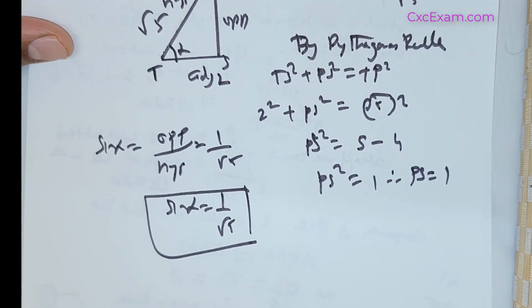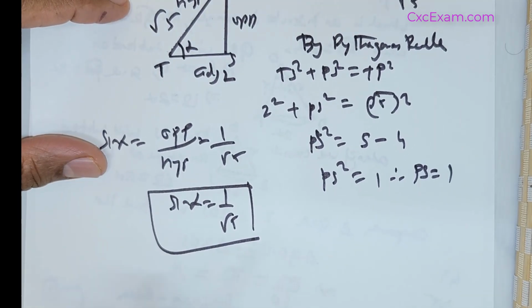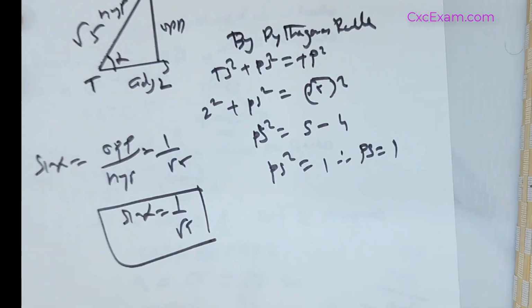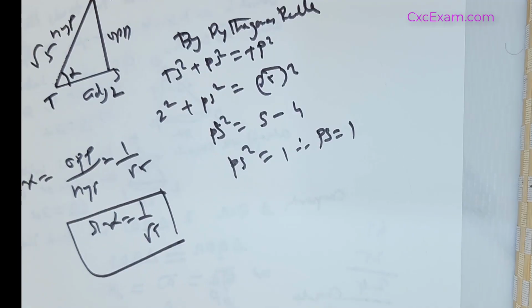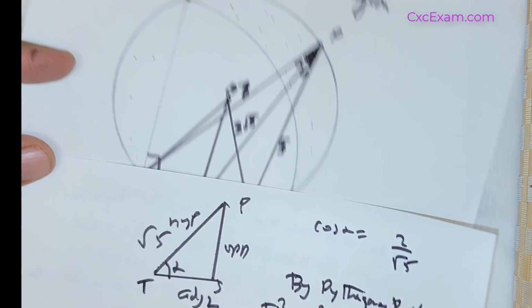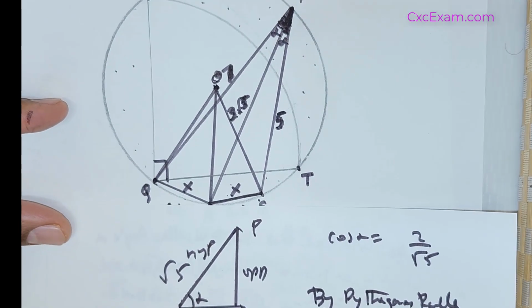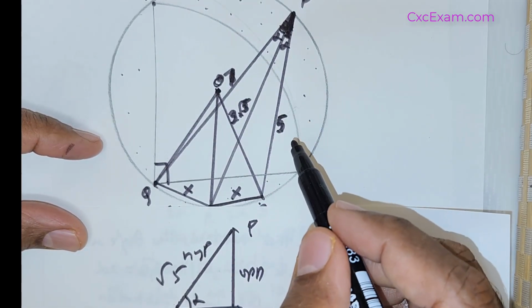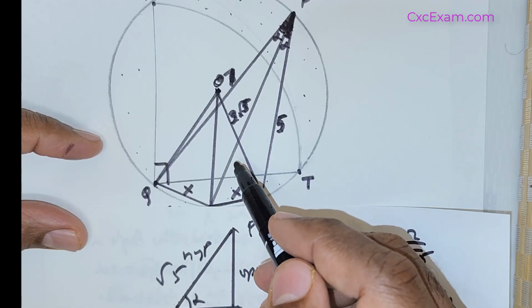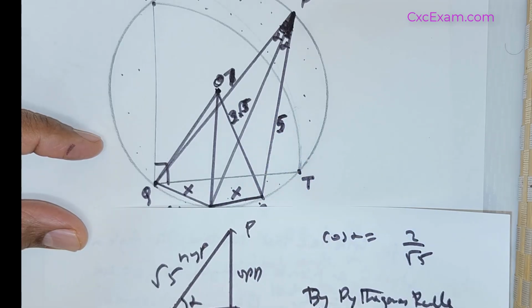Okay, so having got this sine alpha, now it's time for us to go and get the radius. Now you see here, this is the figure that we have got. Now what I'm going to do is, x is already got, right?